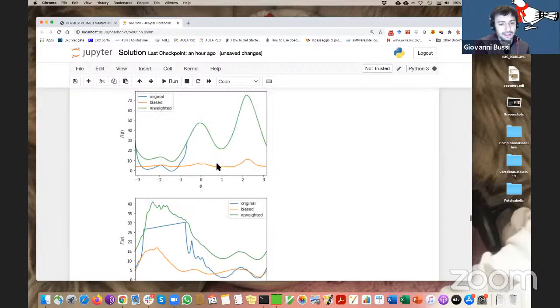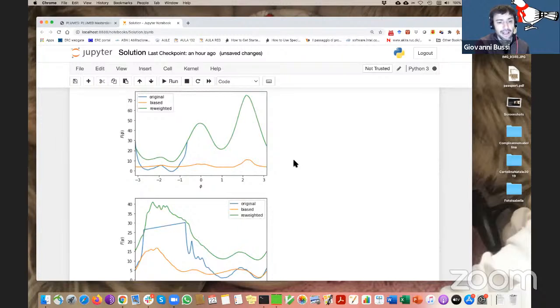However, in this specific exercise, the thing is not so crucial because all the angles associated to the state B are going to be in the range between 0 and 2 by construction, because that's how we define state B. And all the angles associated to state A are going to be between minus pi and 0, again by construction.